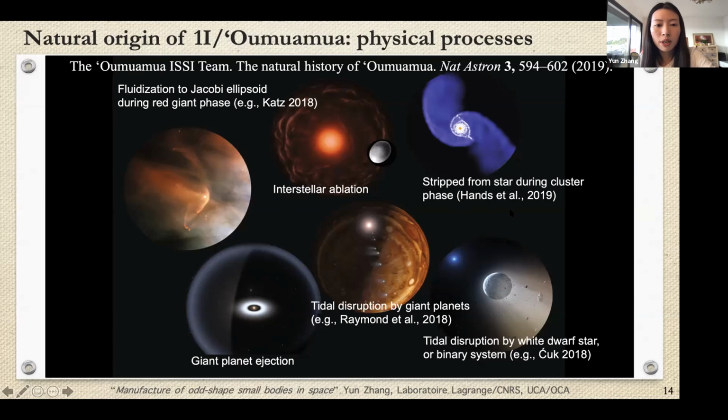But these formation models still have difficulty reproducing all its puzzling characteristics. And among these models, tidal disruption followed by ejection can generate asteroid-like interstellar objects from the inner planetary system, but it's not clear if this can explain Oumuamua's shape and the non-gravitational acceleration.